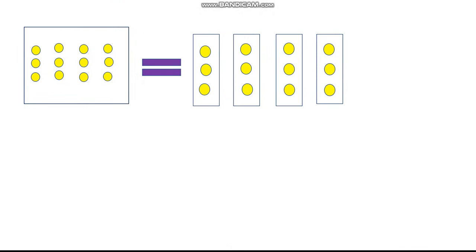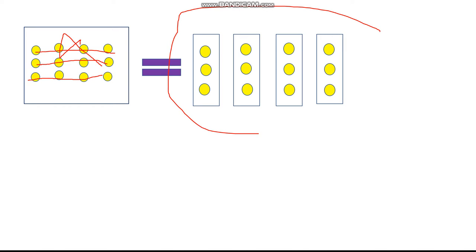Again we'll be getting this, and after adding all of them we'll be getting this. Here we are not left with any candies. Here we have divided them among 4 containers. This is the first container, the second, the third and the fourth. So they are equally divided, and the number of chocolates which each container will contain is 3.